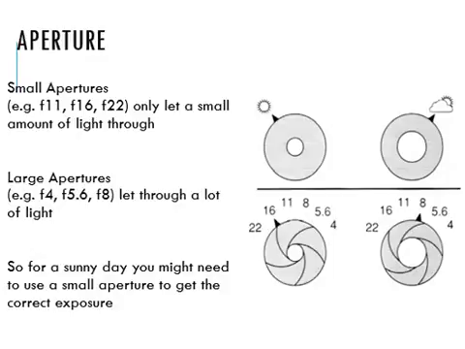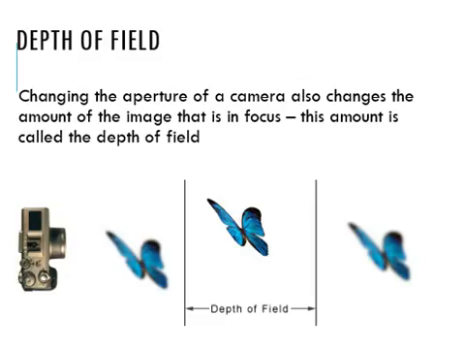Now, changing the aperture doesn't just affect the amount of light that goes through. And this is where the director has to make a careful decision. It also affects what's known as the depth of field. And the depth of field is how much of what you see in front of the camera is in focus.